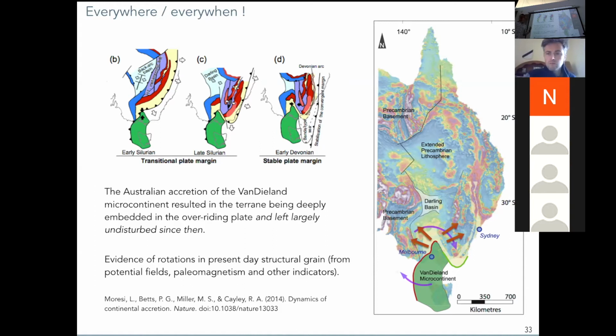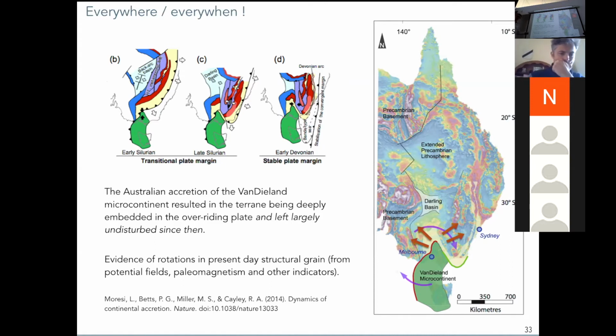What do we see if we look back in time to something much older? And so we argued, we worked with Ross Cayley on his idea that the oroclinal geometry that's observed in the Victorian system here is a result of a process very similar to the one that we modeled.